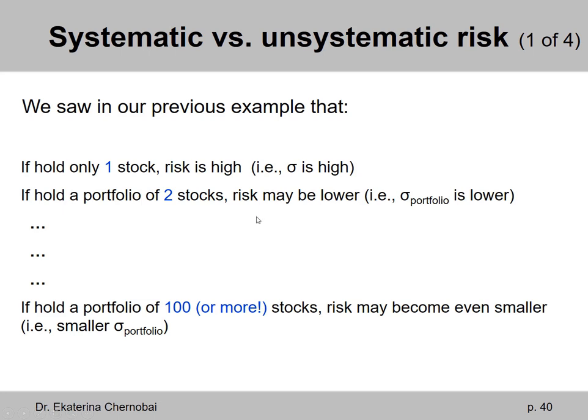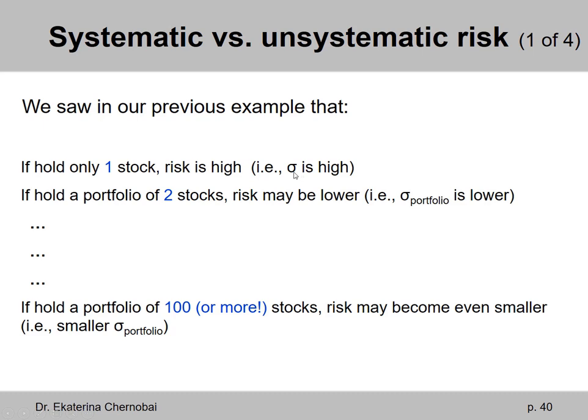In our previous examples, we saw how when we buy just one stock, the risk, in other words, the fluctuations of actual returns, may be very large. In other words, we could be looking at a high sigma, the notation for the standard deviation.